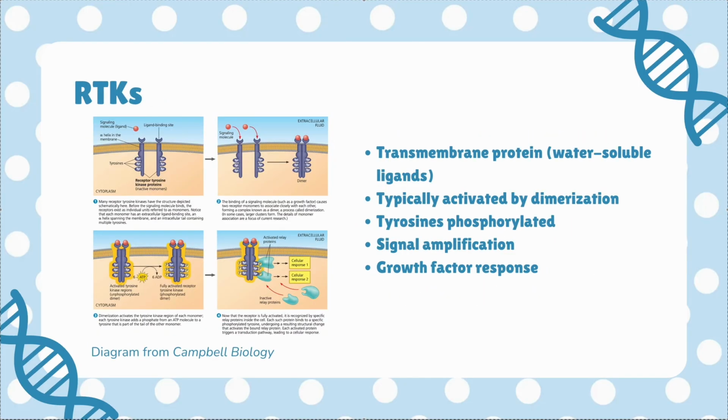And these are crucial in the growth factor response. So when someone gets injured and they have to replace their epidermal cells, let's say, of the skin, there needs to be rapid signaling, rapid replacement of the skin cells of the damaged area. So RTKs are especially well suited for that.